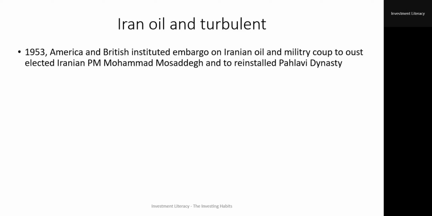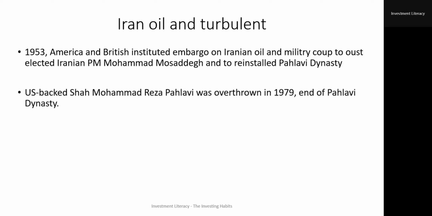This is because Mossadegh initiated to nationalize the oil company and to remove Western power out of Iran. Once they ousted Mr. Mohammad Mossadegh, the US reinstalled the Pahlavi dynasty.